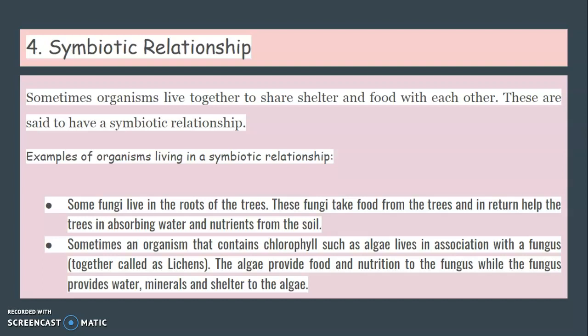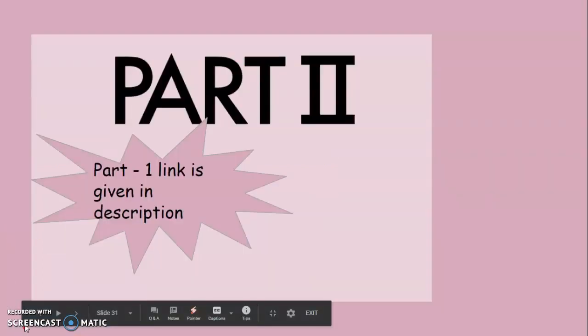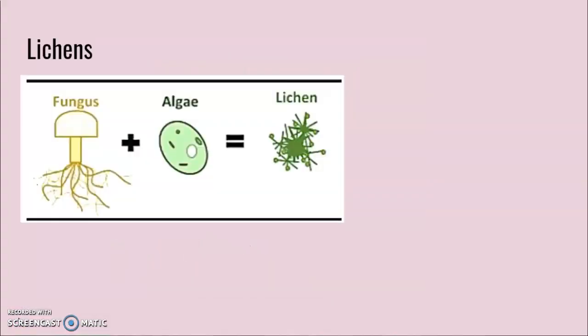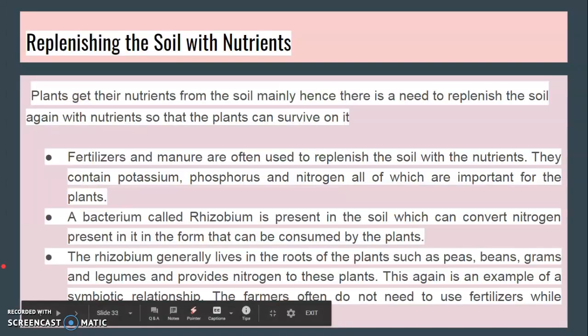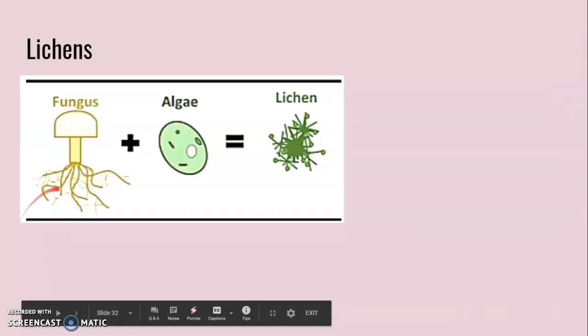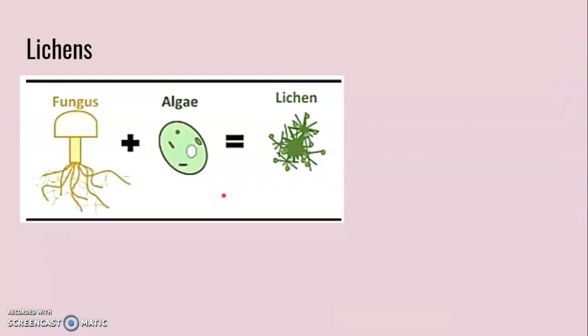The algae provide food and nutrition to the fungus, while the fungus provides water, minerals and shelter to the algae. So when fungus and algae come together, lichens are formed. The simple thing here: fungus plus algae is equal to lichen.